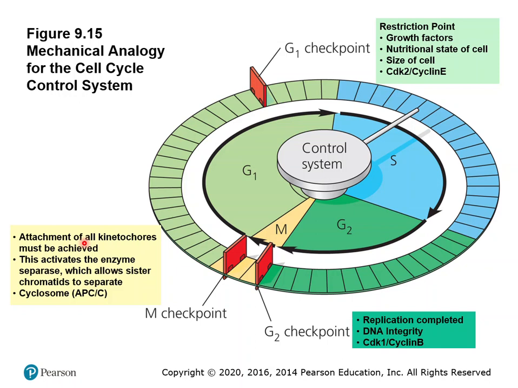Because we need to make sure everybody's attached or somebody will get left behind and then you won't get two complete copies in each cell. And so if everything's good, every kinetochore has attached to a mitotic spindle, then this activates an enzyme called separase, which allows sister chromatids to separate. And this is regulated by APC/C, sometimes called the cyclosome.